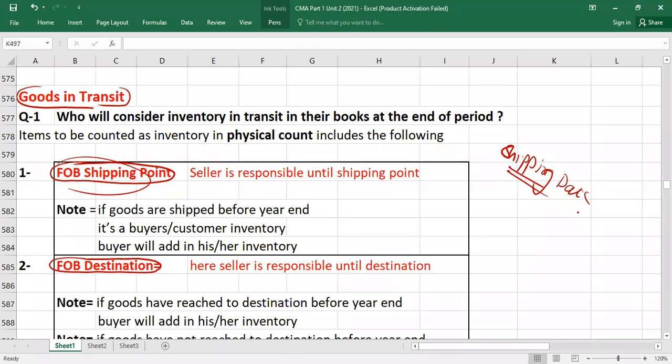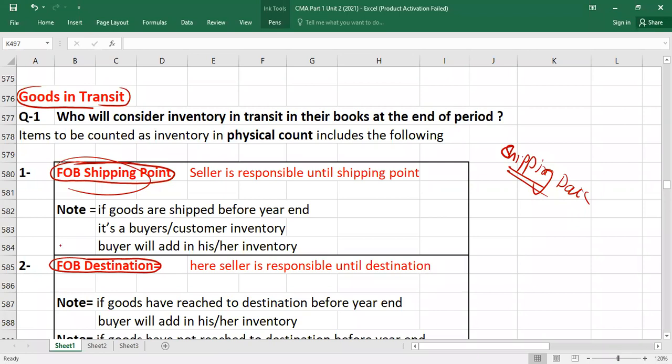It's not your inventory because risk and rewards are transferred to the customer at the point of shipment. So it's customer inventory, and you will not take it in your physical count. But if you are the customer, obviously it is your inventory. So you have to identify your position from the question first. Are you a customer or a supplier? This is the first thing to be decided. The second thing is the shipping date.